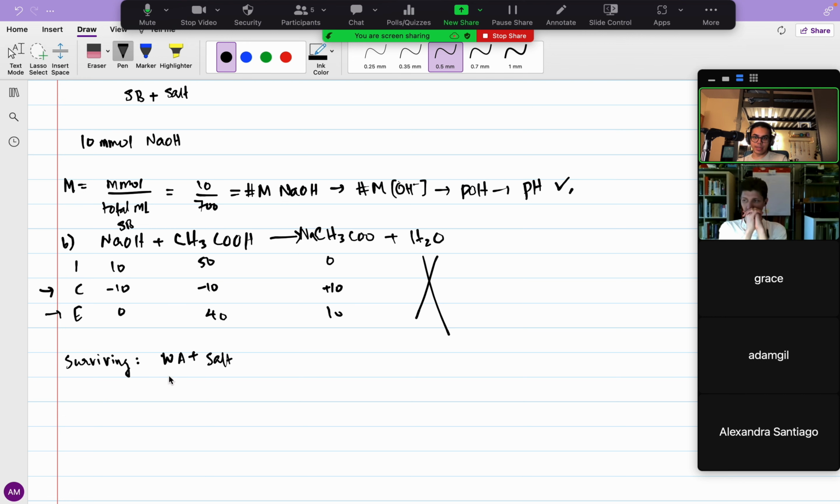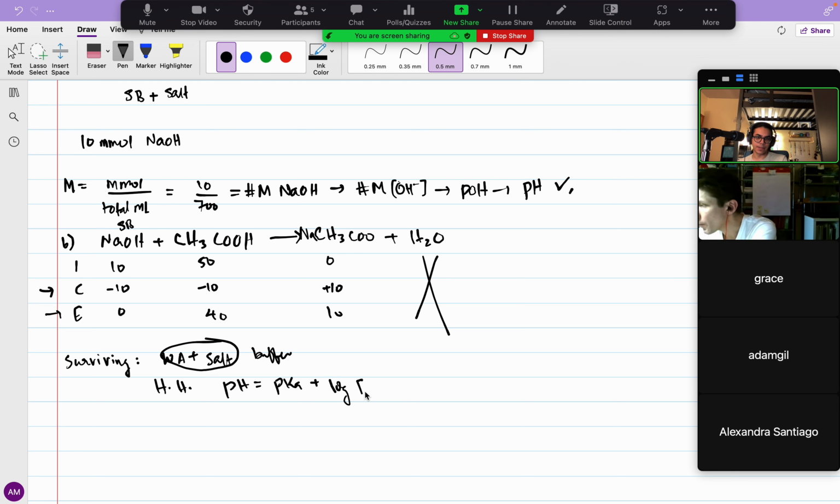Now remember, in this case we use Henderson-Hasselbalch because it is a weak acid and conjugate mixture. That's what we call a buffer. Since it's acid and salt, we use pH equals pKa plus log of conjugate divided by acid.